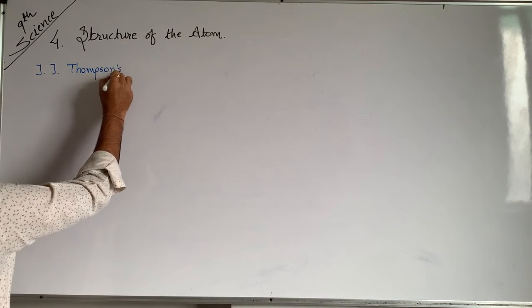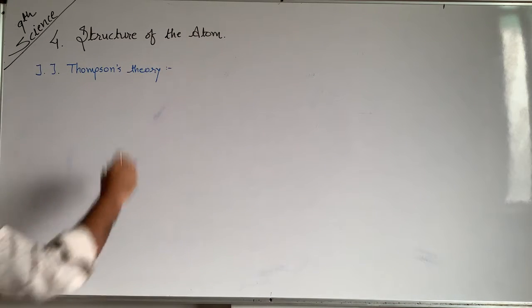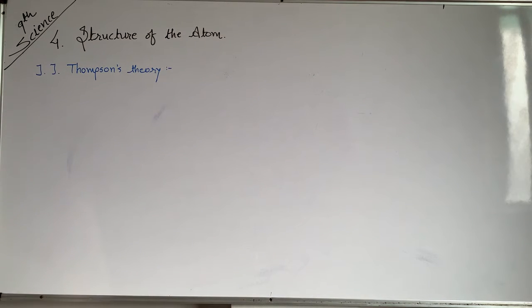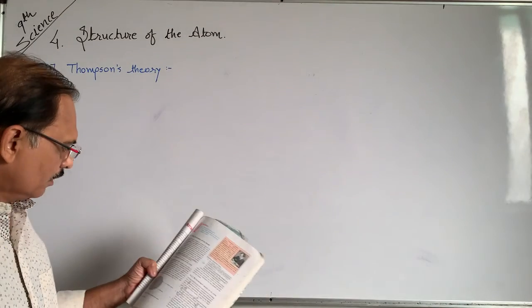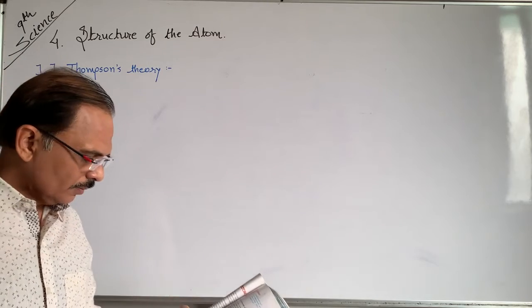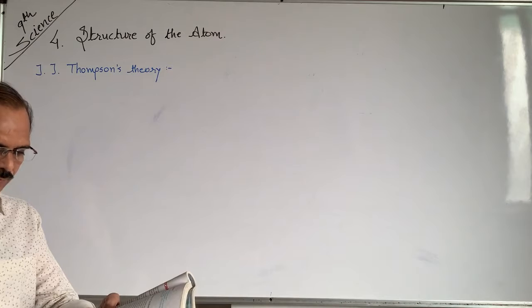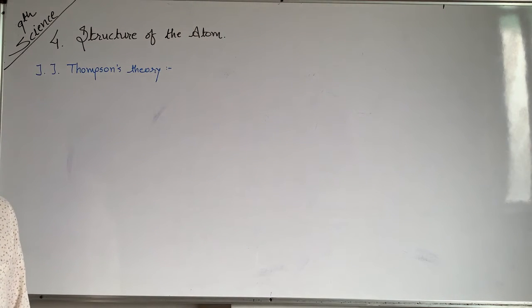According to J.J. Thomson, I think this is not given in your textbook. No? Yeah. So Thomson proposed this model of an atom to be similar to a Christmas pudding.